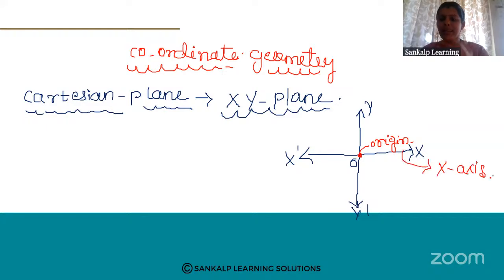Next, this Cartesian plane consists of 4 quadrants. What do you mean by quadrant? One quarter part of the plane we call a quadrant.